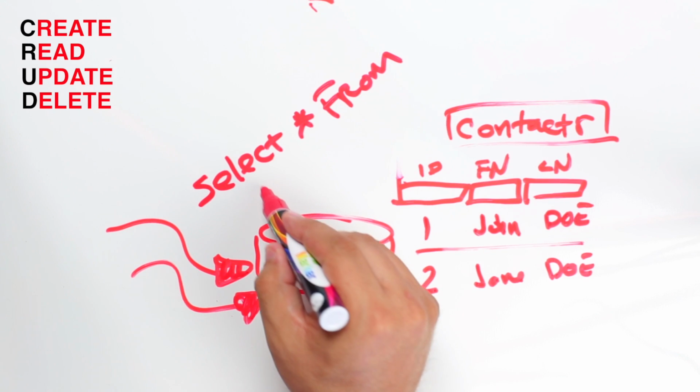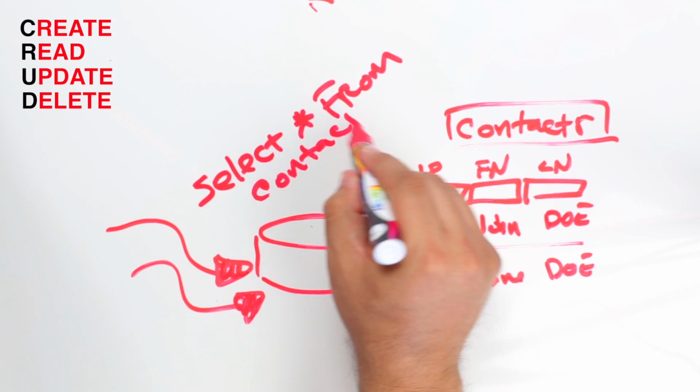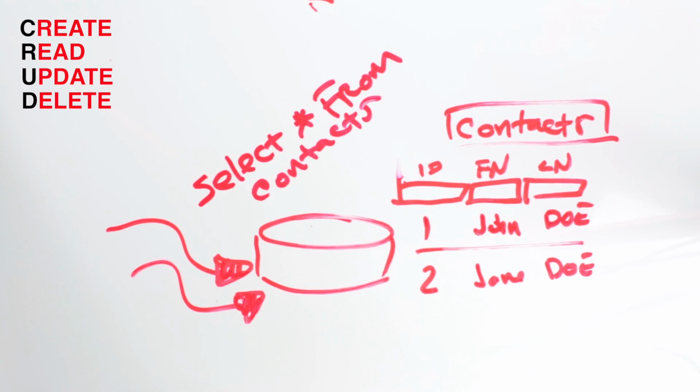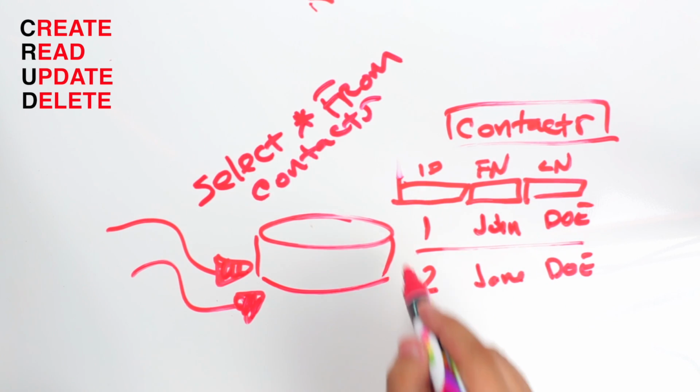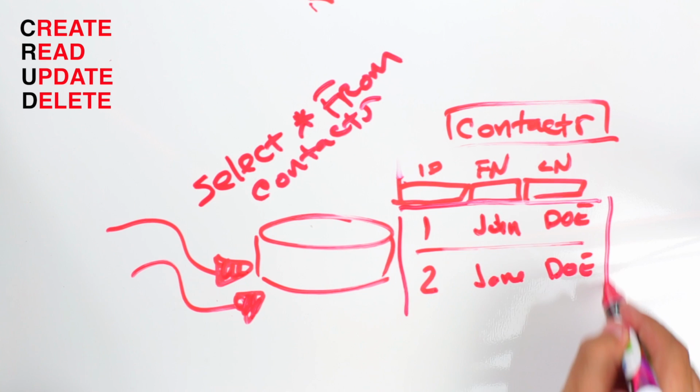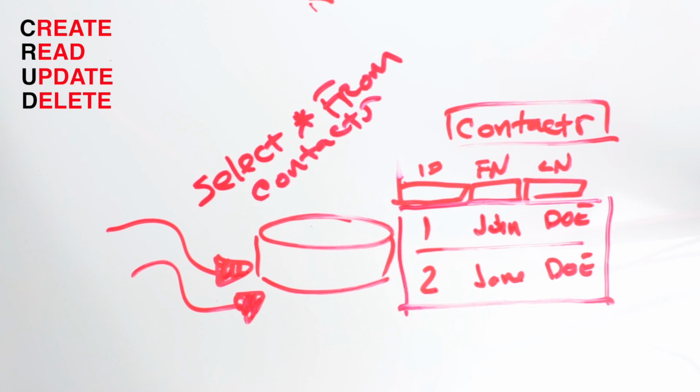from contacts. So this is a simple query, and if you run this query on a table like this, you'll get a list of all records in your table. Obviously, there are other more complex queries you can do, but for this example, we're going to keep it simple.